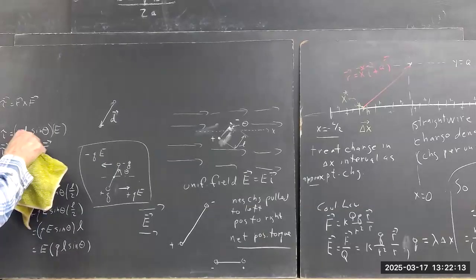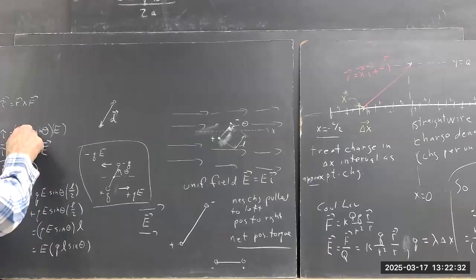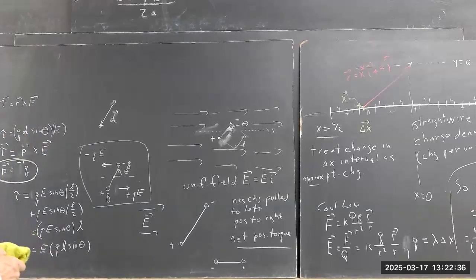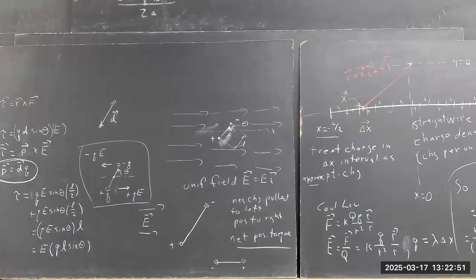Instead of mu, we use P. So it's the same ideas, but the standard notation for the dipole moment is P equals D times Q. The torque you get is just P cross E, and I think you saw that pretty easily.